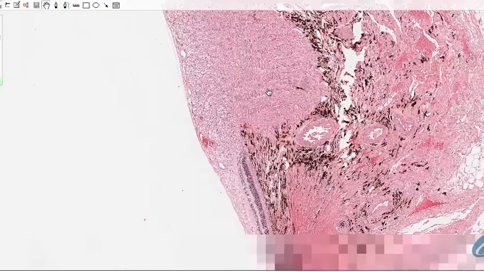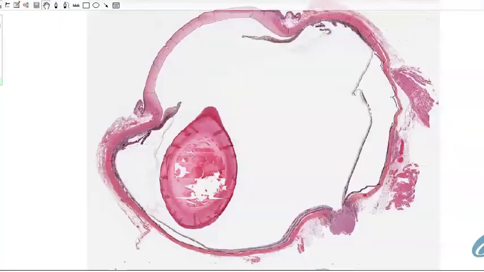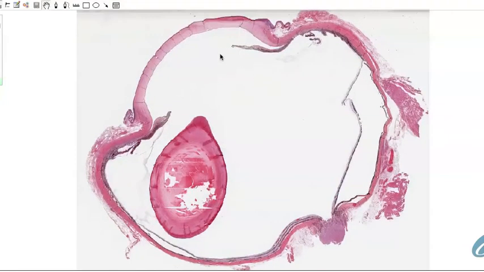The thing that we didn't really look at in class, or in the lab, is what the consequences of glaucoma look like, and we're going to use the same canine primary glaucoma or goniodysgenesis example to show you the damage. So we're going to switch to this other eye, and it's hard to gauge size, but this eye is enlarged.